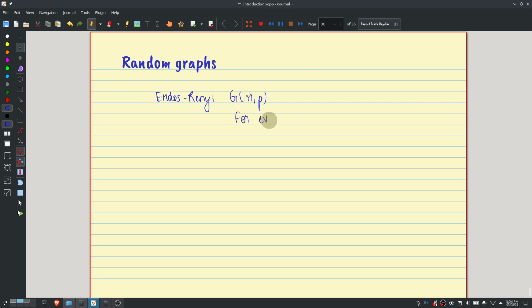They're connected by a single edge. So this consists of n vertices.